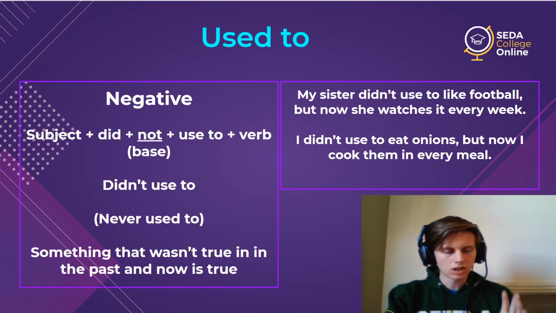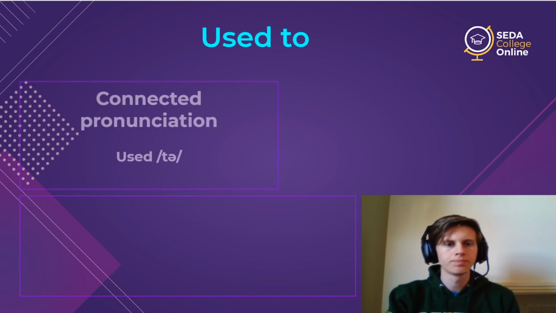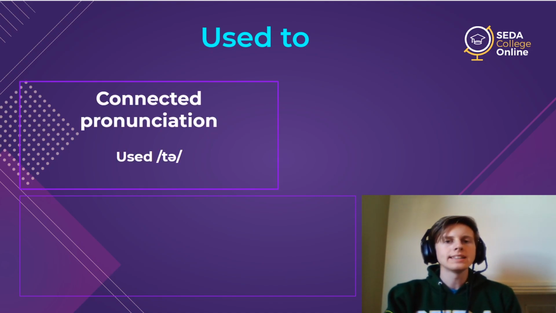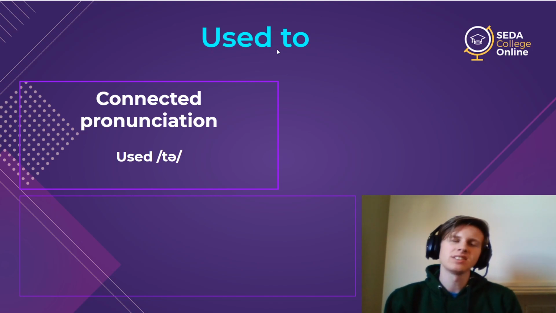So now I'm going to talk about the pronunciation things of this, because there are two very tricky pronunciation things with used to. So one is that we begin connected pronunciation with this. So we say this very commonly and very quickly, and the to here is not very important. It's a very small word. No meaning, no idea. It's only for grammar.